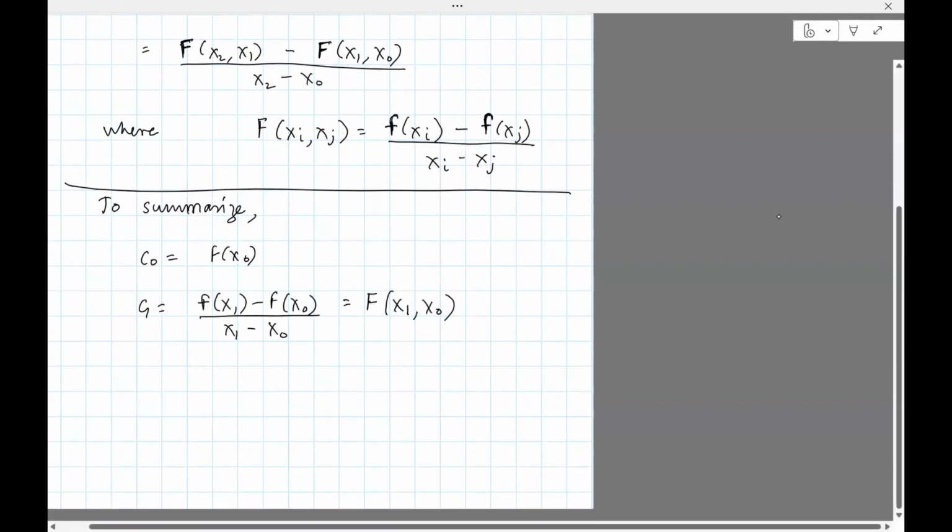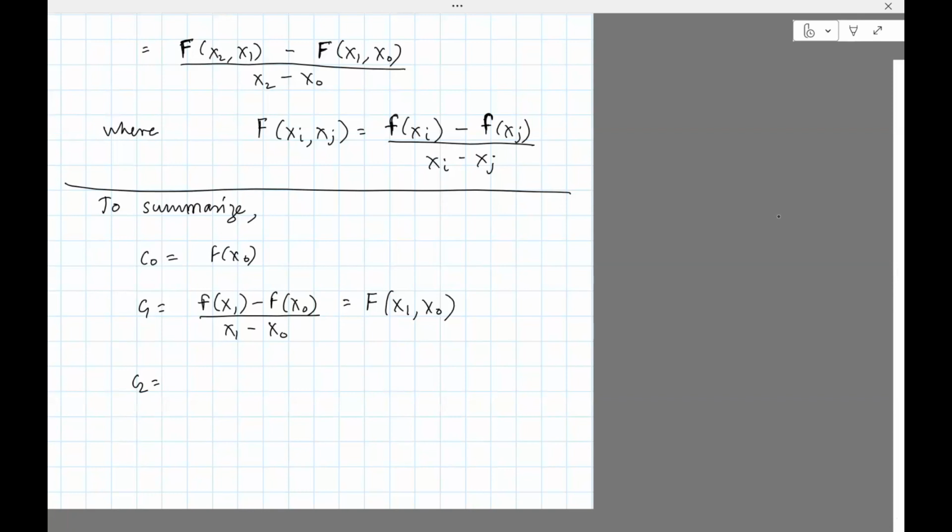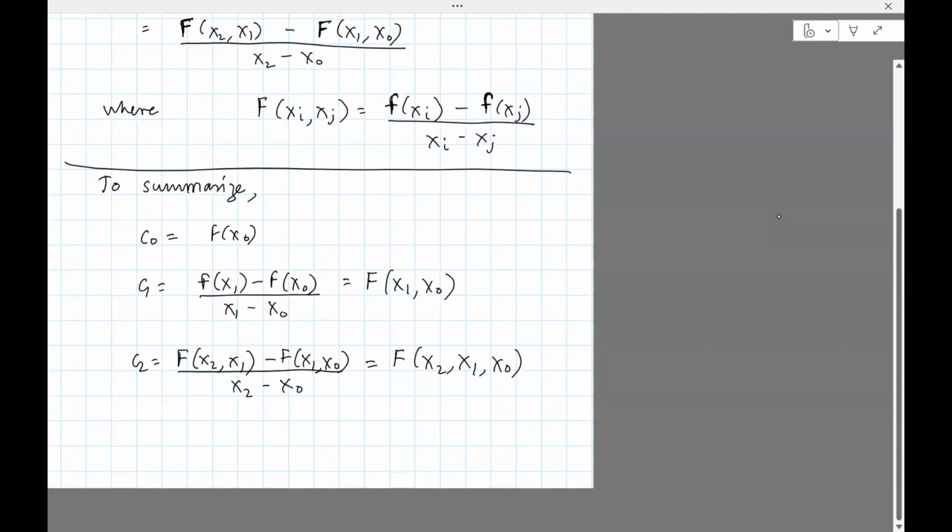This is our notation which we just created. C2 was, I just have it right up there. It's capital F x2 x1 minus capital F x1 x0 divided by x2 minus x0. So what we can do here is create another shorthand notation, and I hope this becomes obvious, we can denote this as capital F x2 x1 x0. Okay, so that's the three constants.